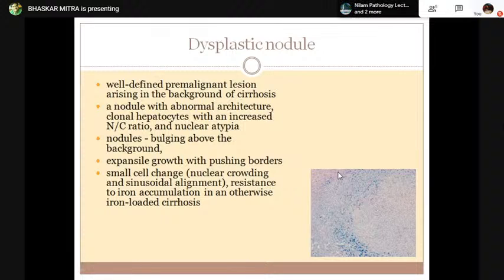And one important point here: if we see the iron stain, the Perls stain which we regularly do in liver slides, in a cirrhotic background, usually the whole liver slide is studded with iron. But here the dysplastic nodules are devoid of iron. So in an iron-loaded cirrhotic liver tissue, if we get a paler, iron-free area, that should raise our suspicion. We have to see the slides more carefully to determine those dysplastic nodules.